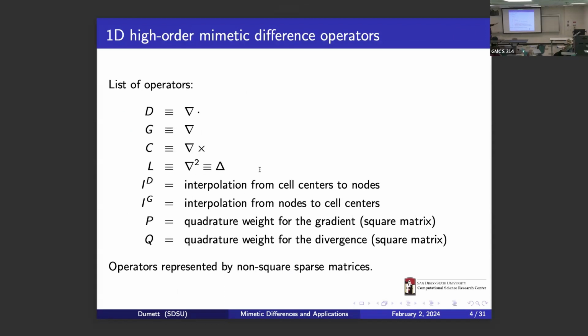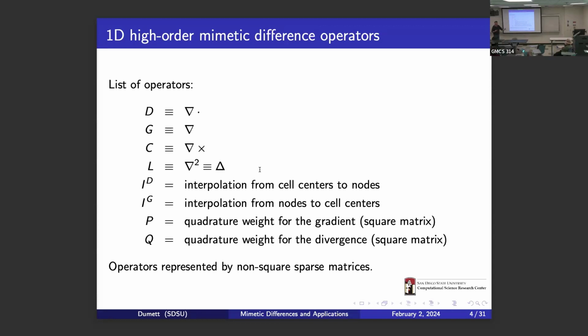Okay, and so we have a list of operators that usually show up in vector calculus: divergence, which in the discrete version we will call D, the gradient, the curl, the Laplacian, and then we will also have some interpolation, because you'll see that certain quantities live in a grid and other quantities live in another grid.